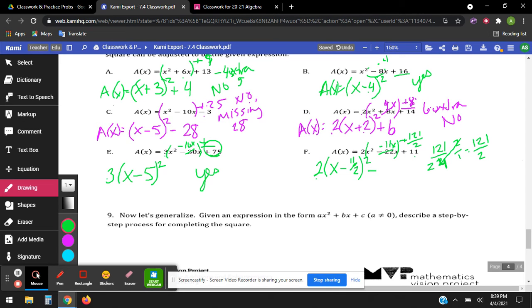So I'm going to subtract, but I need to take 121 over 2 minus, I'm going to double that so I can put it over 2. 22 over 2, which 121 minus 22 is 99 over 2. So I'm going to minus 99 over 2. That was ugly, but we figured it out. And so that's what works on that one because we're missing. So it's a no.